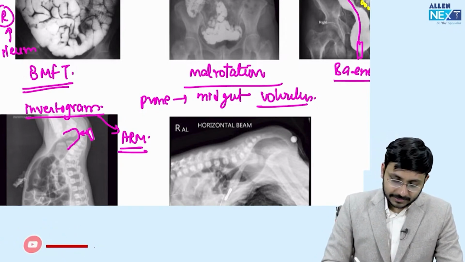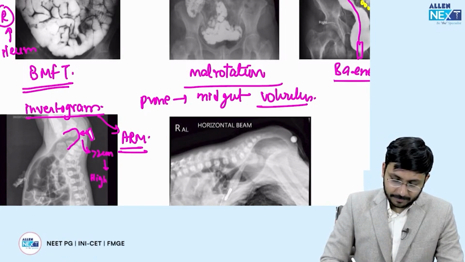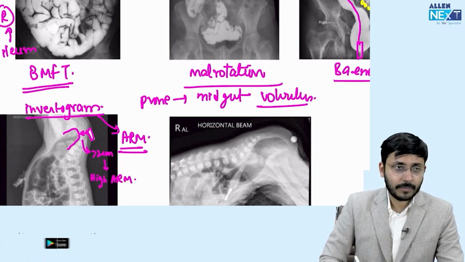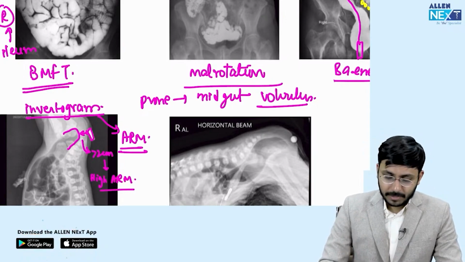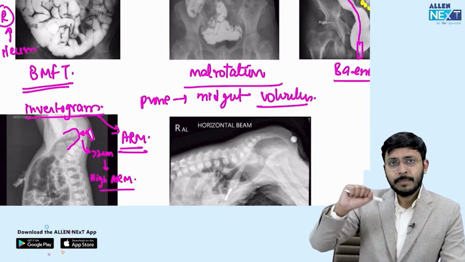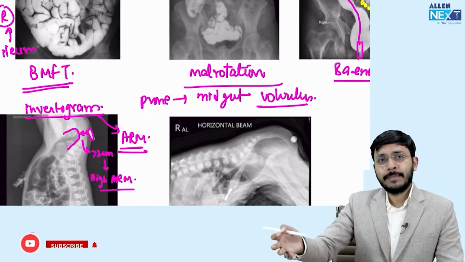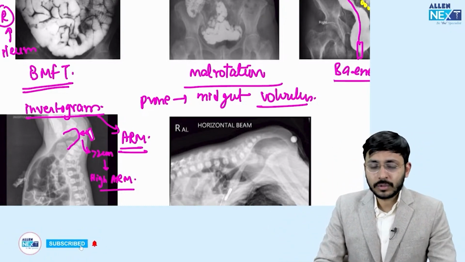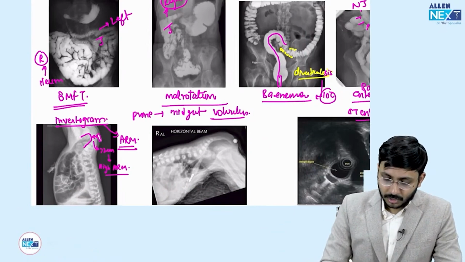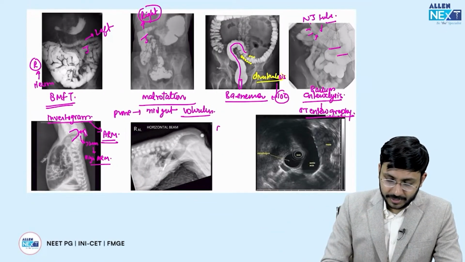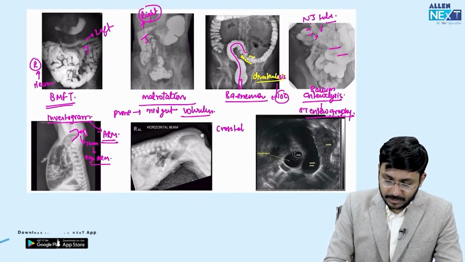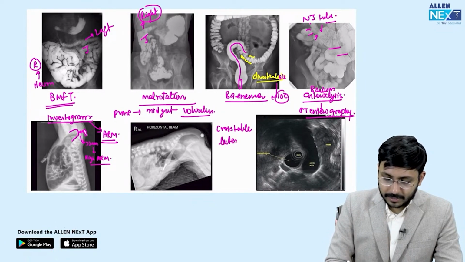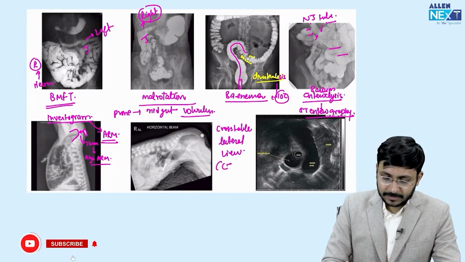If that distance is more than 2 centimeters, then we suspect a high ARM, high anorectal malformation. But nowadays, invertogram is not done because it is traumatic for the baby to be hung upside down. So what do we do? We do a cross table lateral view, CTLV, as we call it.